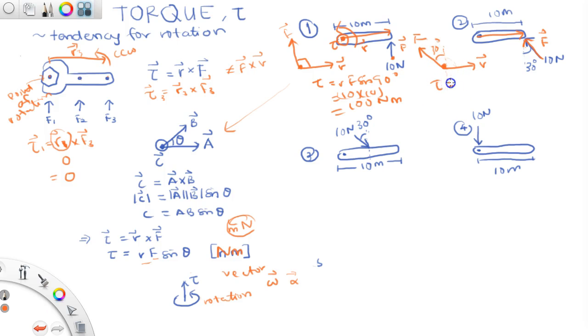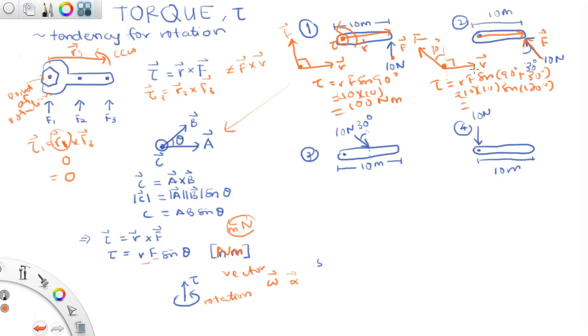Calculate the torque, which is equal to R F sine theta. So this is 90 degrees plus 30 degrees, so you have 120. So 10 times 10 times sine 120 degrees. How much do you get?